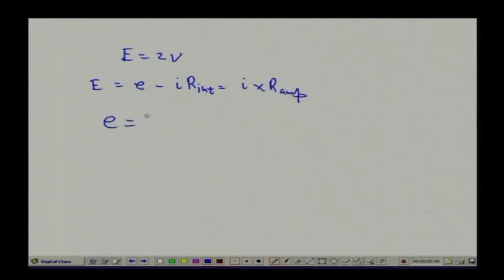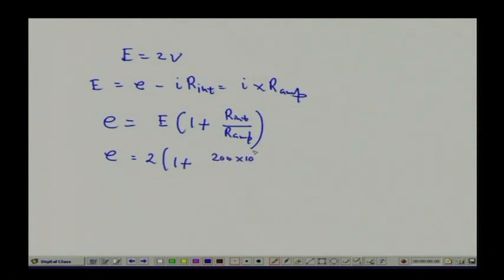So, E equal to E1 plus R internal plus R amplifier, where E is the voltage induced due to the magnetic field and also the open circuit voltage. This basically is the open circuit voltage. So, if I plug in all the values, it will become 2 into 1 plus 200 into 10 to the power 3 upon 2.2 into 10 to the power 6 equal to 2.18 volt.